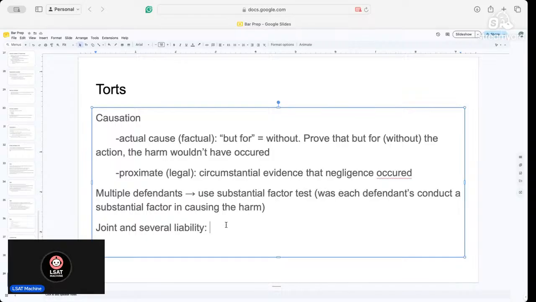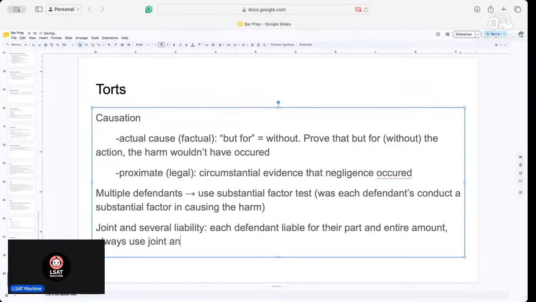You should always use this. There's a note on my flashcard that says that on the bar exam, always use joint and several liability unless they tell you otherwise. And I was not going to do that, so I'm glad that they said that.